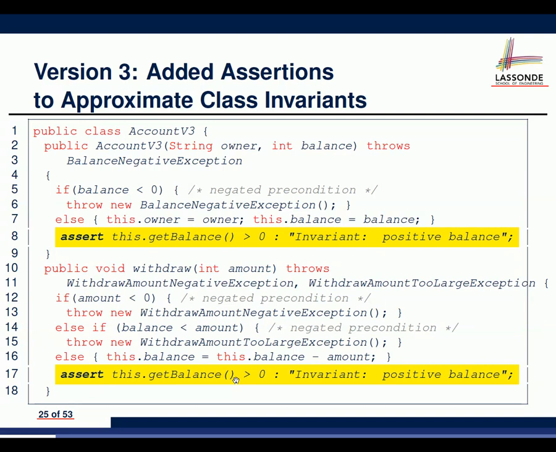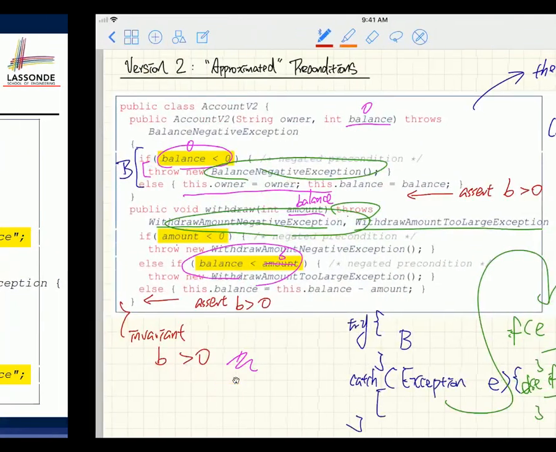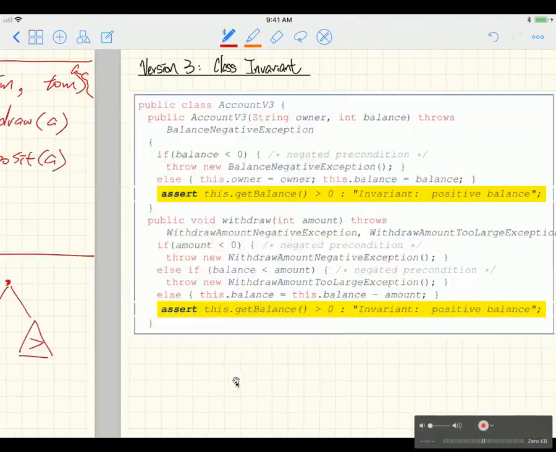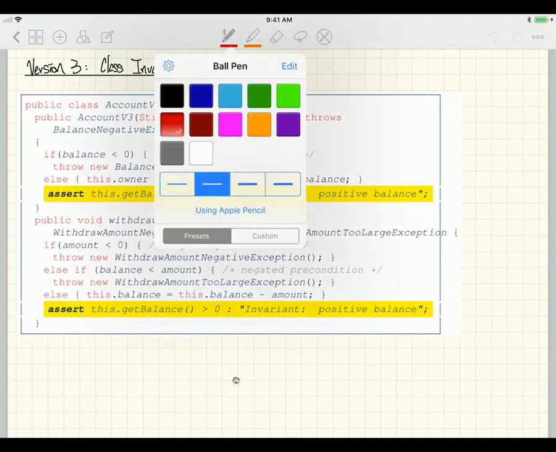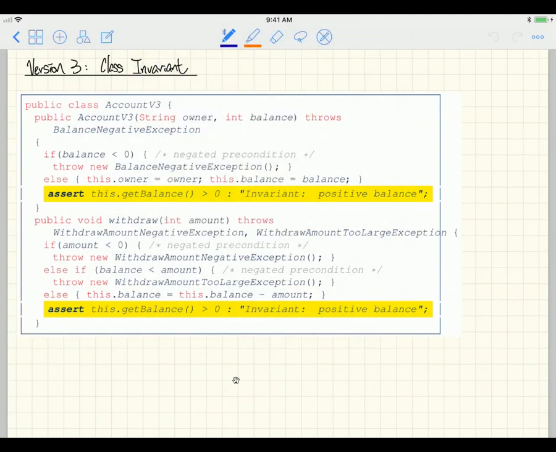Okay, how about I go to version 3, and then I'll show you. Okay, version 3 is here. Let's just make it very concrete. Let's say at the moment the balance value is 100.